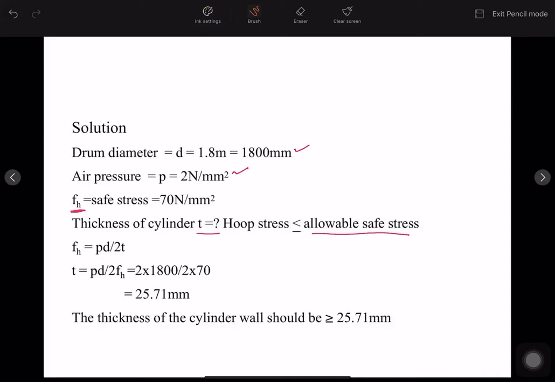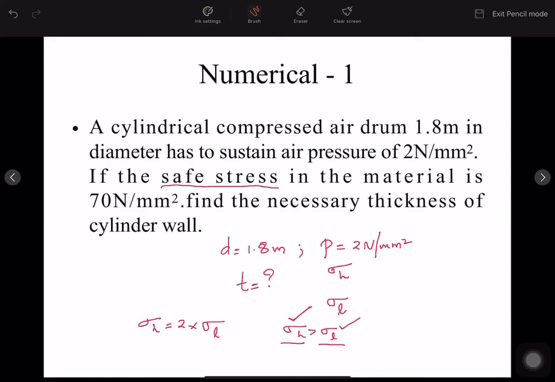I think you got this logic. If the cylinder is safe in hoop stress, it will automatically be safe in longitudinal stress as well, but the reverse is not possible because hoop stress has more value compared to longitudinal stress.